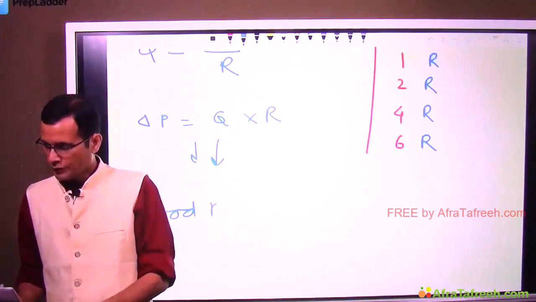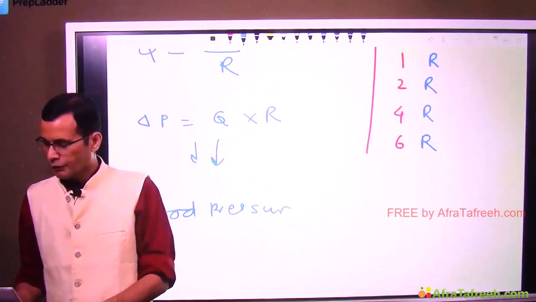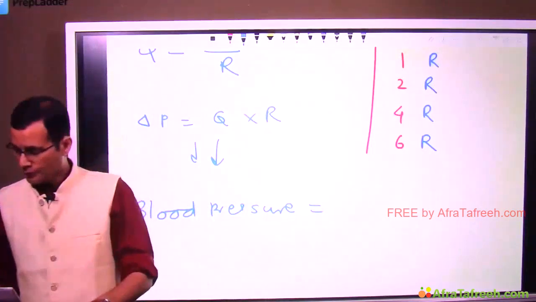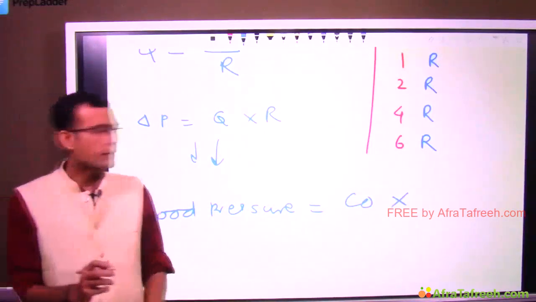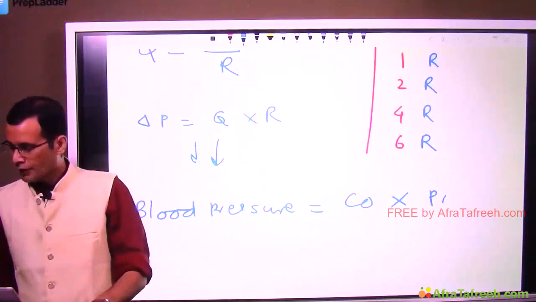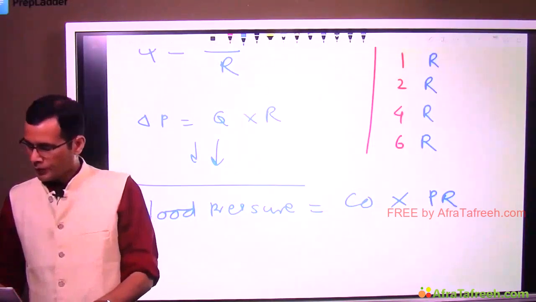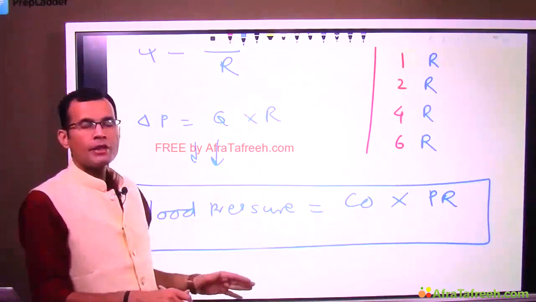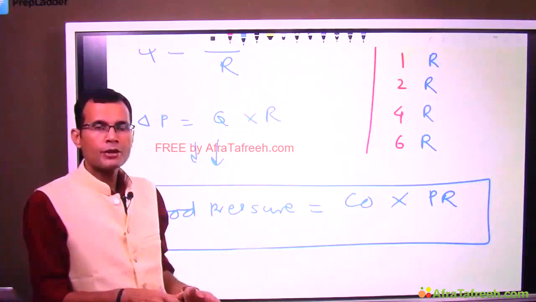blood pressure is equal to, the Q is blood flow or cardiac output, and resistance, R is resistance, so peripheral resistance. So these two are the determinants of arterial blood pressure.